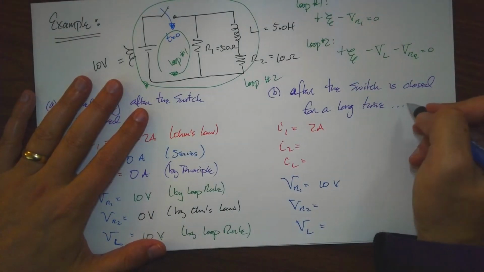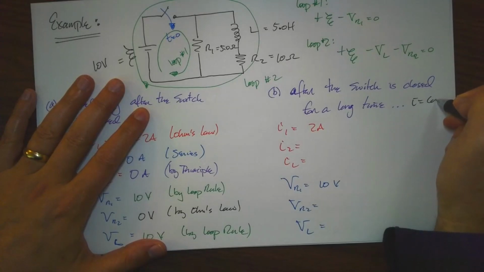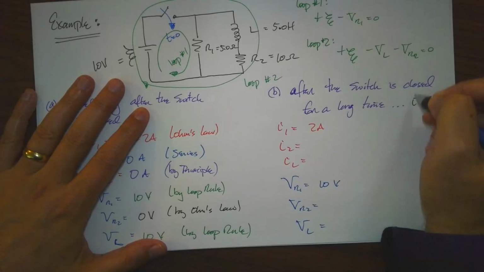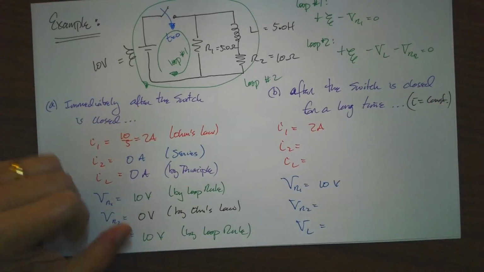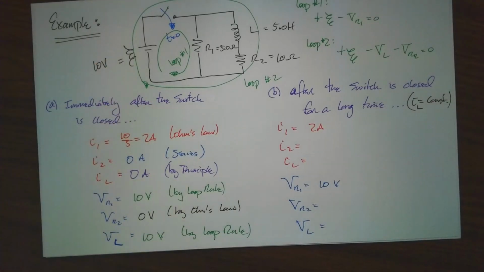Once the current is constant in the inductor, then the voltage here is Faraday's law, right? Minus L dI/dt.